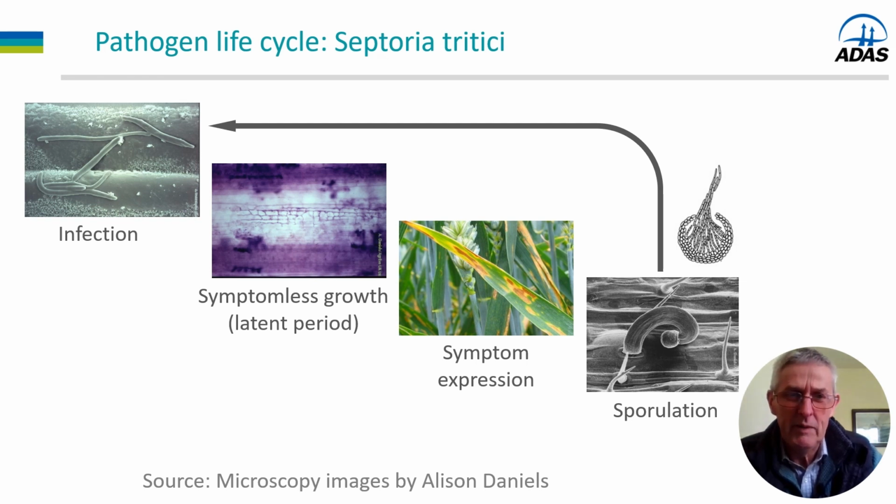And then after a number of days, we get symptom expression that we can see externally, and that coincides with the start of spore production. So now we're going to think about that in relation to fungicide treatment and fungicide timing, and we'll do that in diagrammatic form.